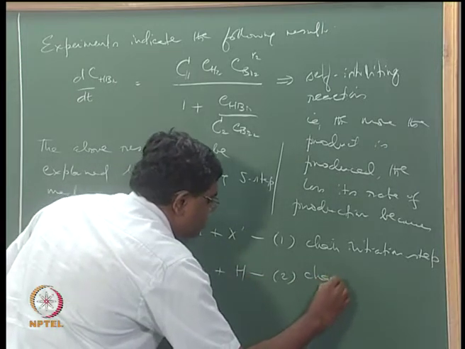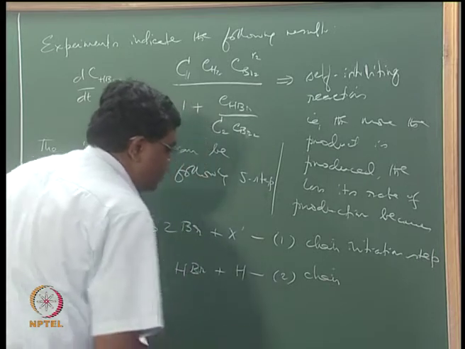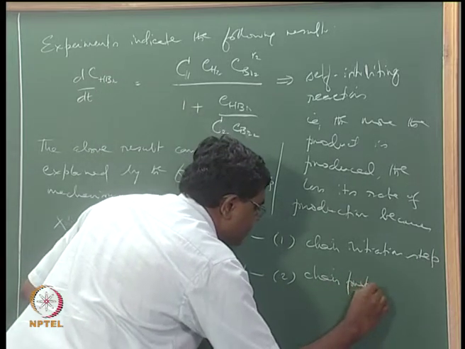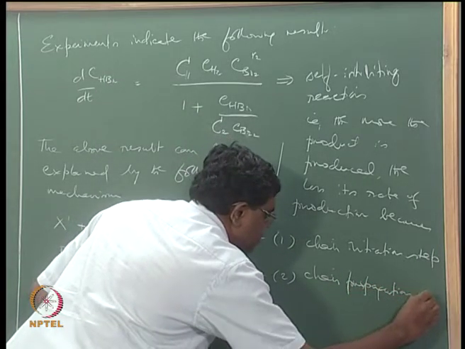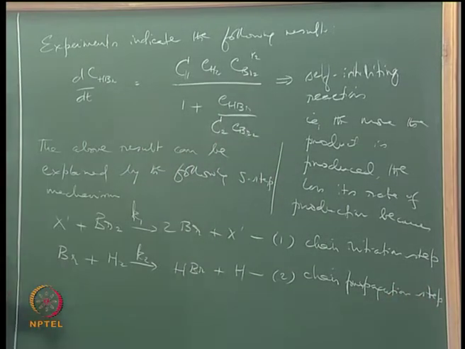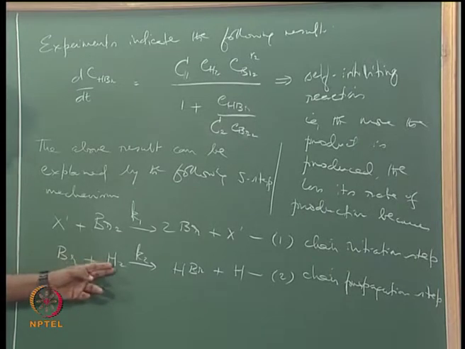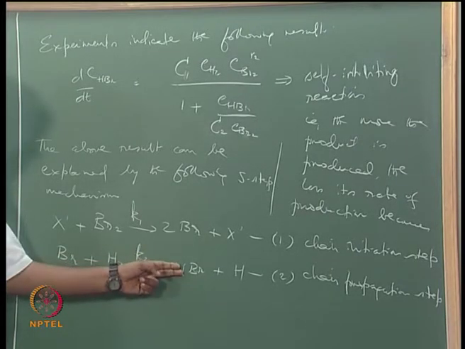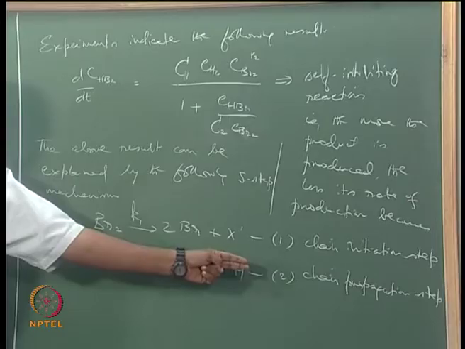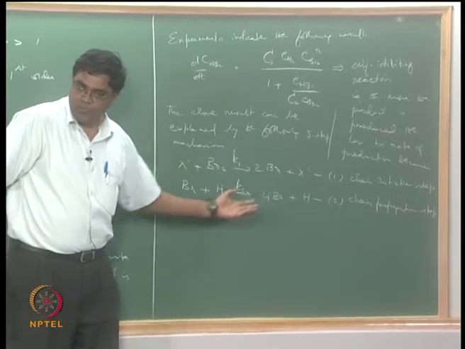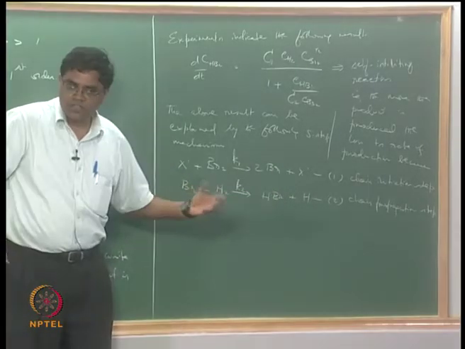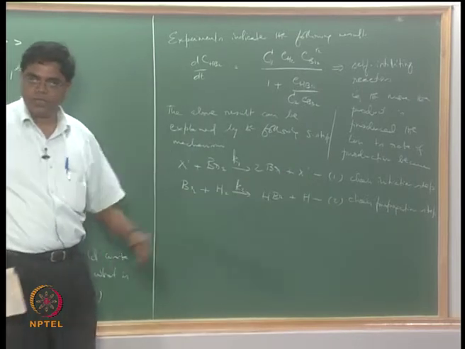This is a chain propagation step, because we started with an intermediate, reacted with a stable reactant, produced a stable product, but produced another intermediate. So the net gain and loss of intermediates is the same.